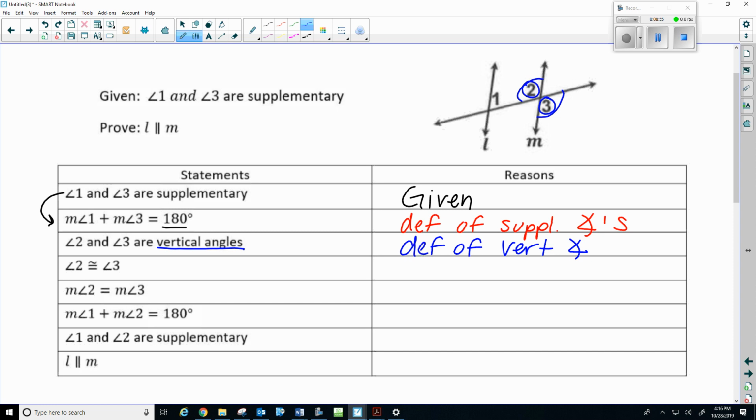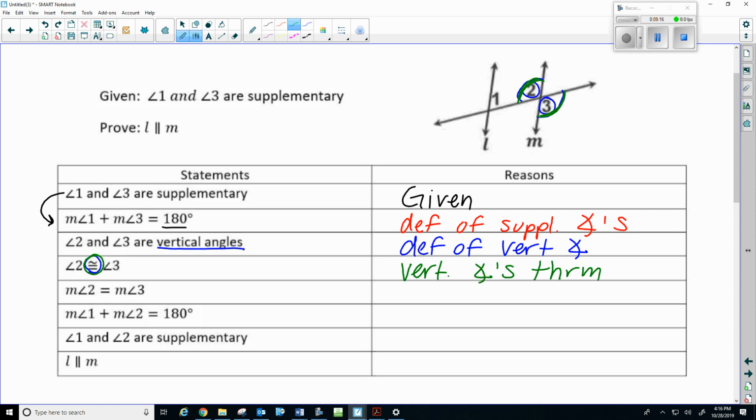And then once we move on to the vertical angles theorem, that's when we're actually saying the angles are congruent. So here I'm saying angle 2 and angle 3 are congruent. How do I know? Because of the vertical angles theorem.